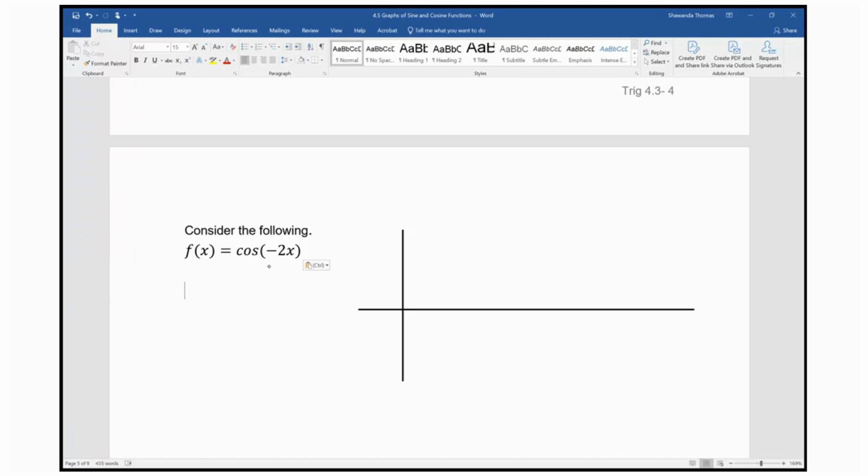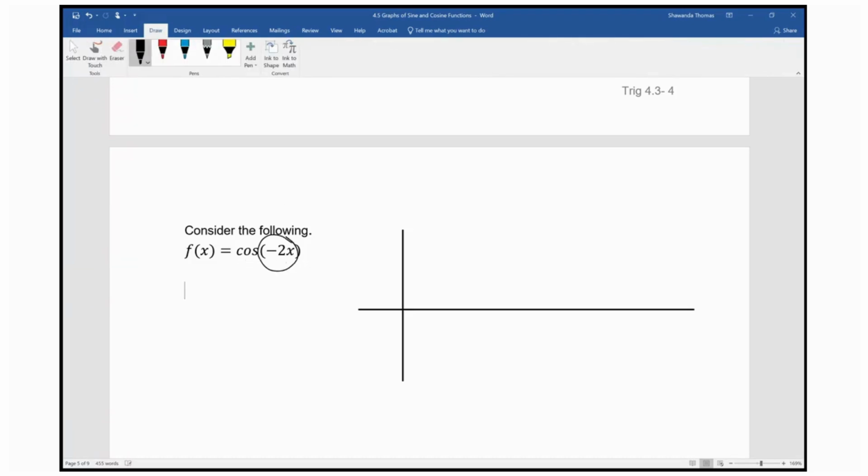This function, if it has a negative on the inside, it's the same as cosine of 2x, since cosine is an even function. Just as a review, we already talked about it last week.